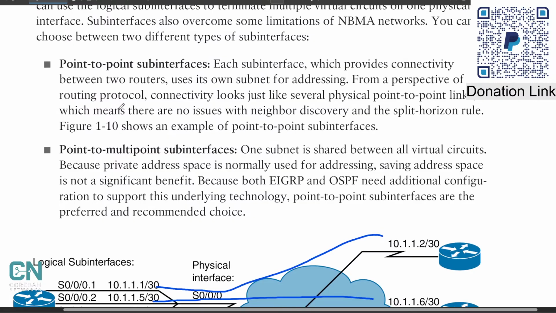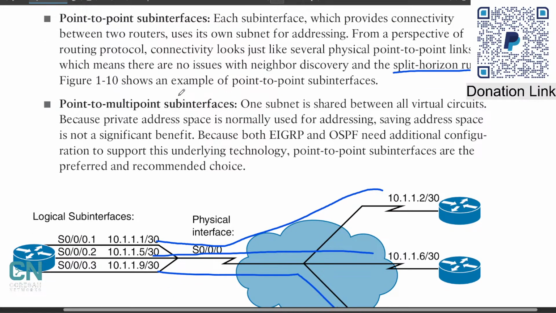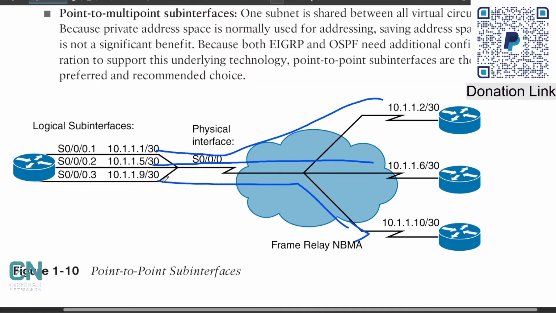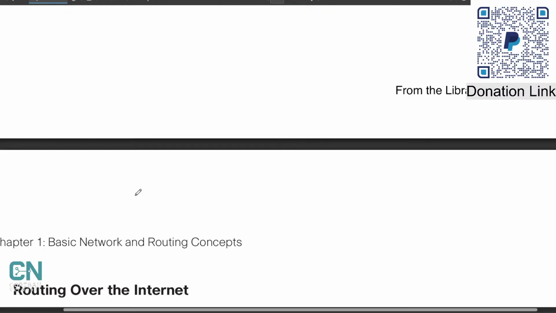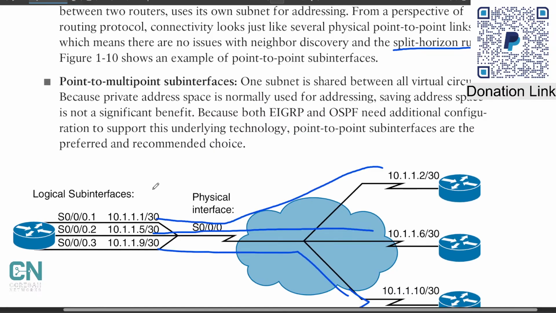Okay. And it says, which means there are no issues with the neighbor discovery and the split horizon rule. Figure 110 shows an example of a point-to-point subinterface. And what is a point-to-multipoint subinterface?